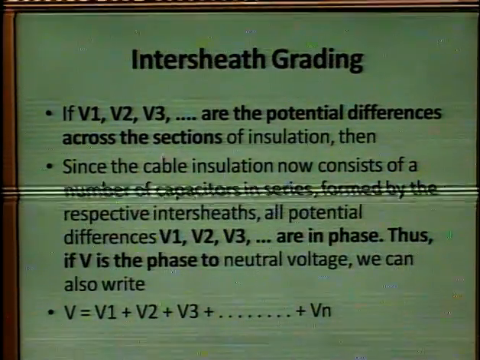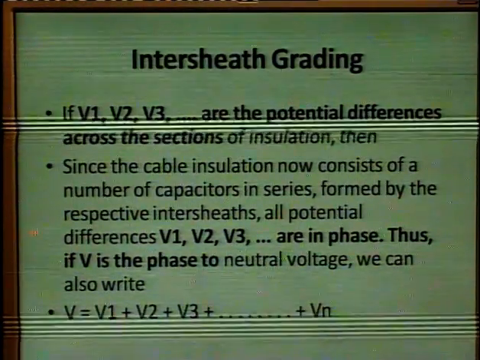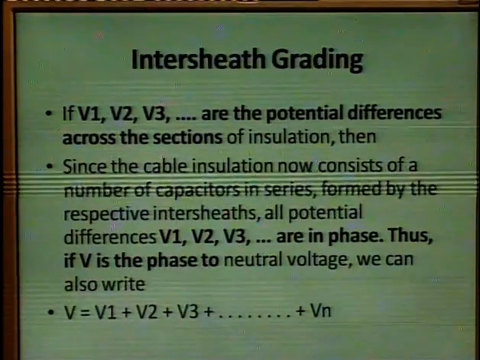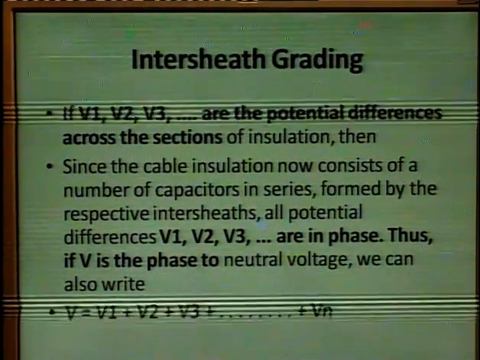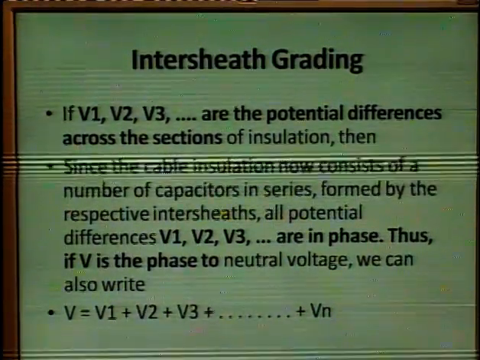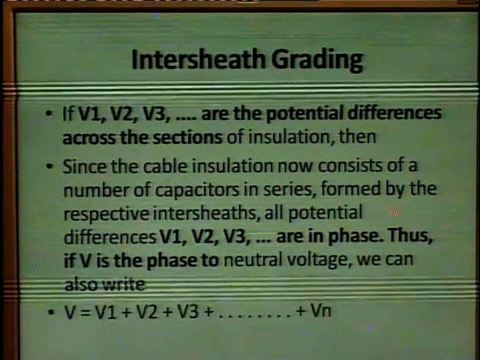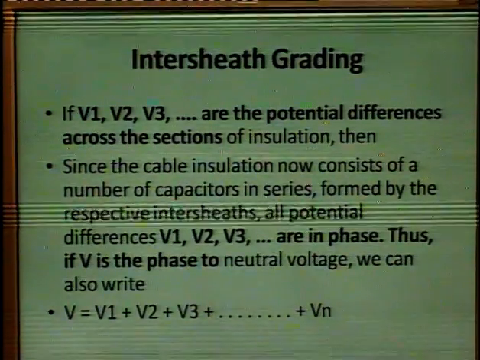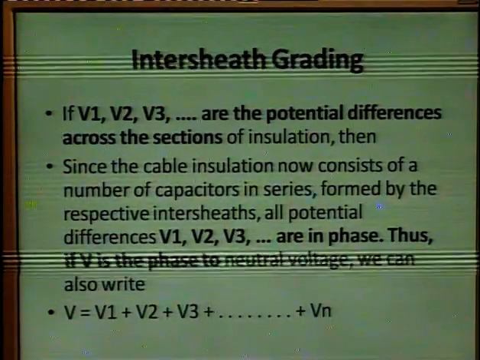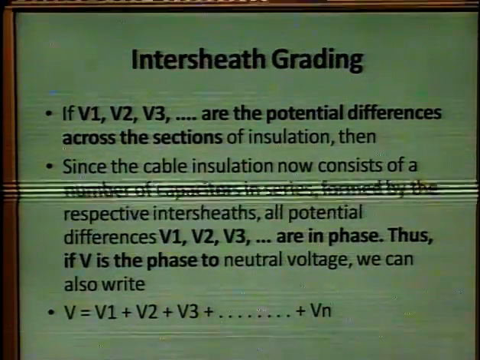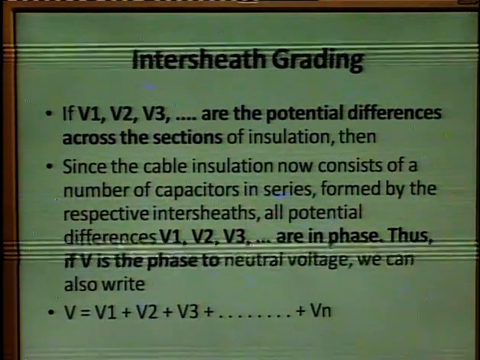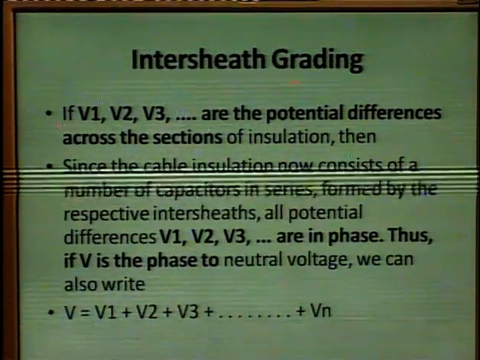If V1, V2, V3 are the potential differences across the sections of the insulation, then the cable insulation consists of a number of capacitors in series, which are formed by the respective intersheaths, having all potential differences V1, V2 and V3 in phase. Hence, if V is the phase to neutral voltage, then V is equal to V1 plus V2 plus V3 up to Vn.